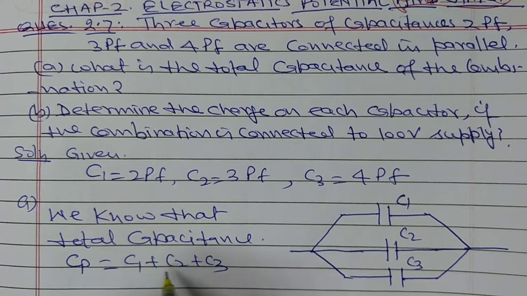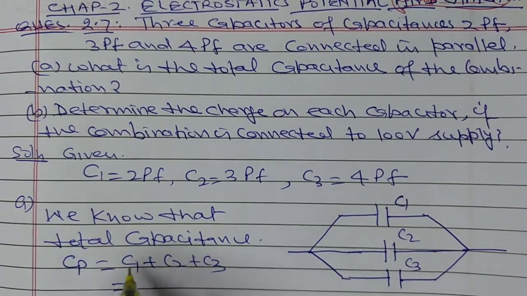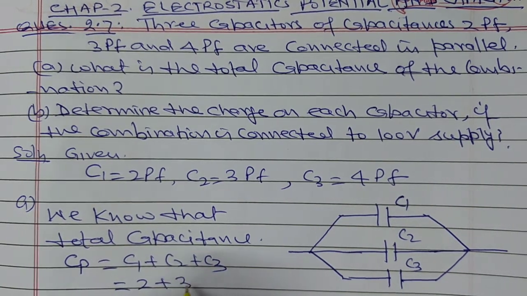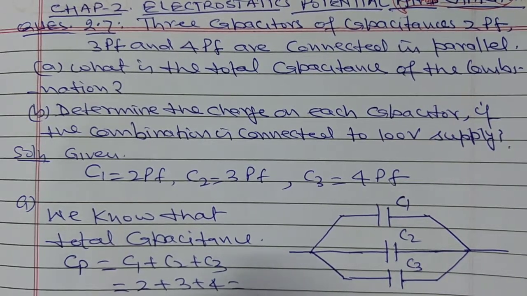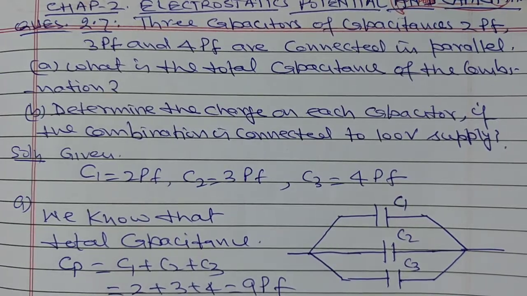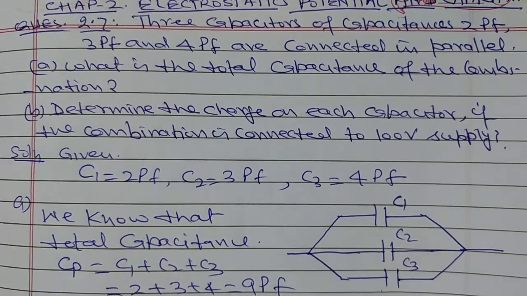Therefore total capacitance is given by C1 plus C2 plus C3. Now on putting the values, this is 2 plus 3 plus 4 is equal to 9 picofarad. The total capacitance of this combination is 9 picofarad.